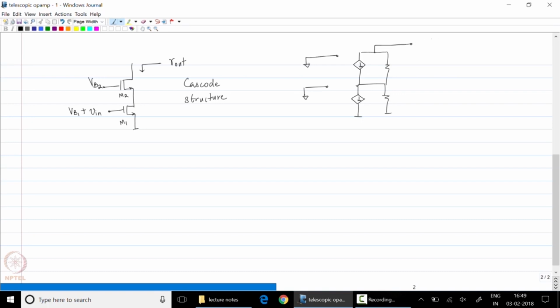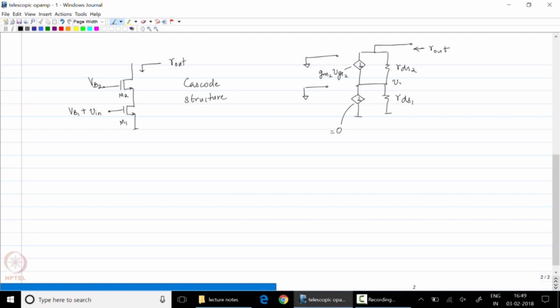We want to find out the output resistance of our particular structure. Just wanted to point out that Vin will be set to 0, so this current source is equal to 0. This is RDS1, this is RDS2, and this is GM2 times VGS2.